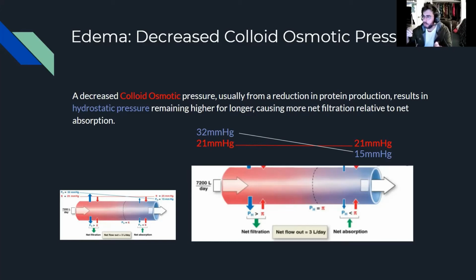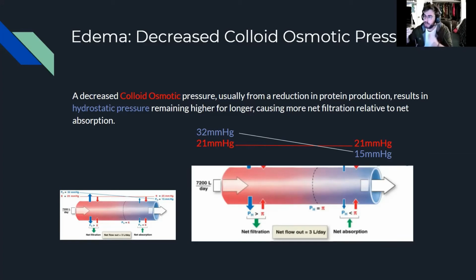The main contributor to colloid osmotic pressure is a protein called albumin. It's relatively large. It's produced by the liver. During hepatic failure, it can be underproduced, lowering the concentration of protein in the blood. In this example, I have it down from 25 to 21. That's an arbitrary number. It's just less than the example that we already know.